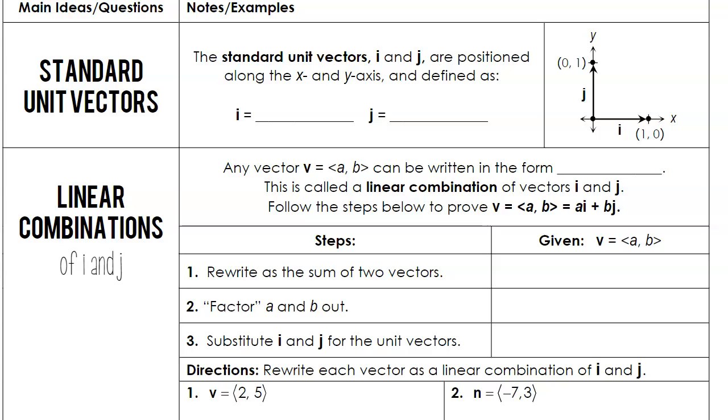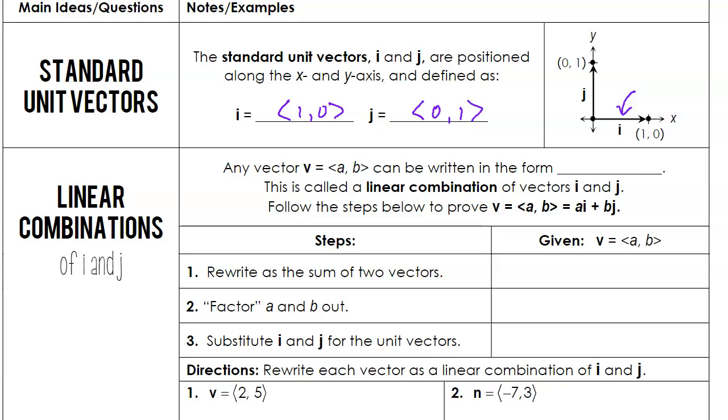You just need to understand that i and j are unit vectors, where i is the unit for the x distance, and j is the unit vector for the y distance. So i is 1 unit in length on the x-axis, and j is 1 unit in length on the y-axis. Or in other words, i is <1, 0>, and j is <0, 1>.